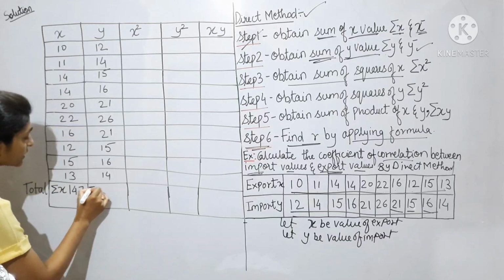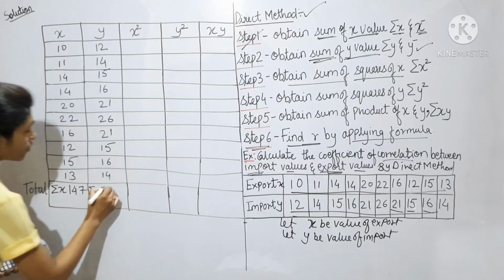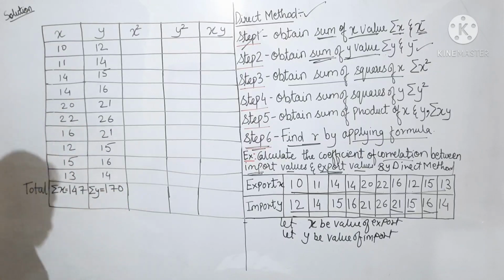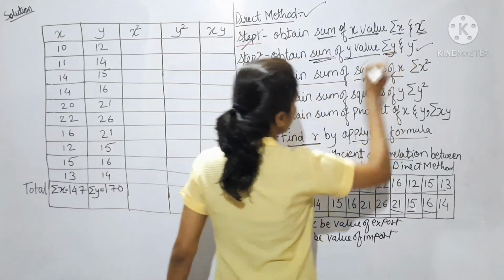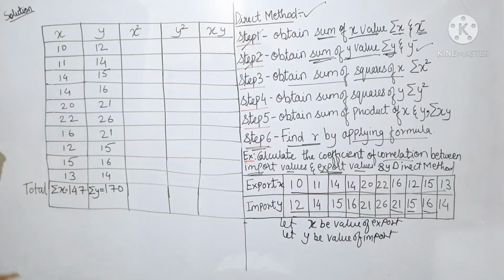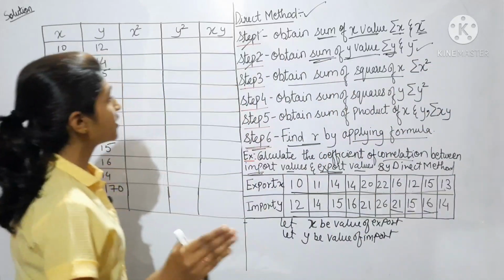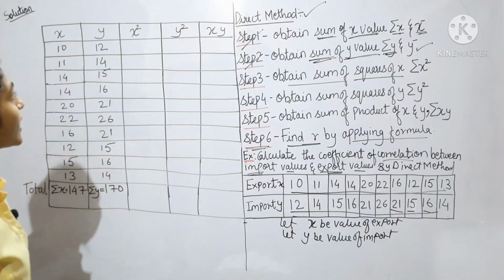So we get sigma y as 170. Okay, so we have got step number 2, summation of y. We have to find y bar as well, so we'll do it once step 5 is completed.